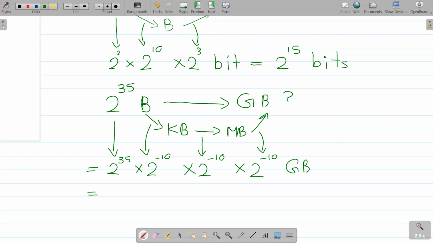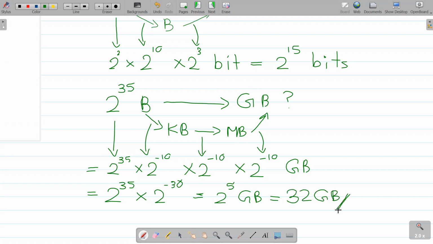So what do we have here? 2 to the power plus 35 into 2 to the power minus 30. All right. So that gives you 2 to the power 5 GB. That means 32 GB. 2 to the power 5 equals 32. People, are we clear about this calculation?